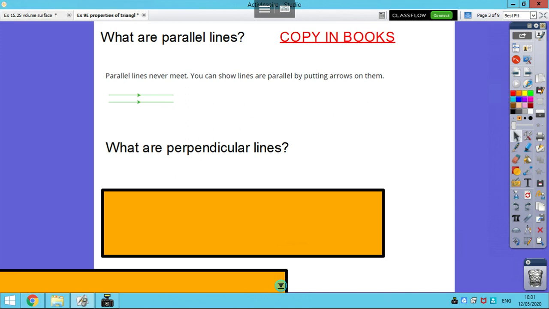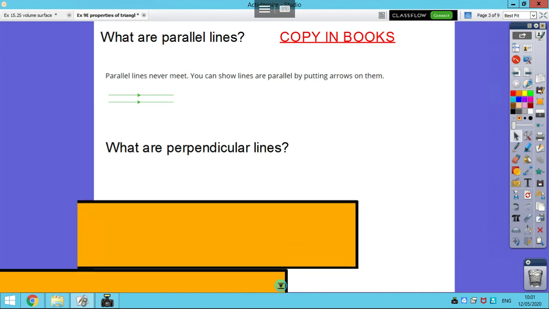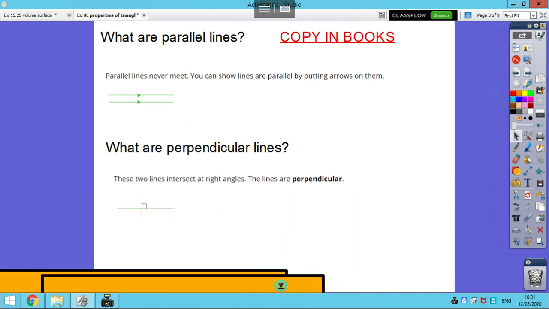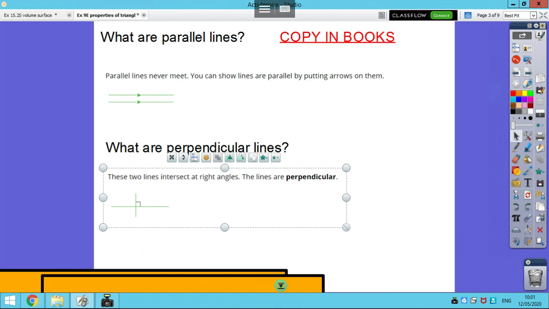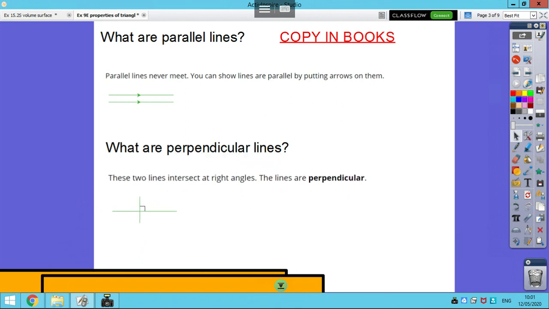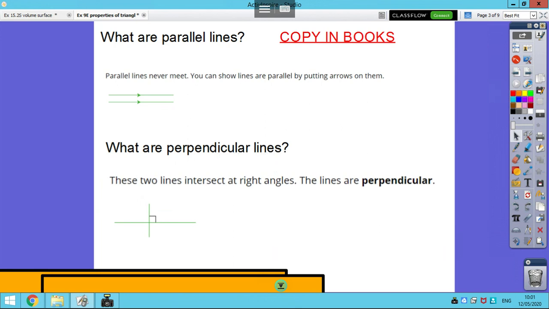What are perpendicular lines? Perpendicular lines do intersect, and they intersect at a right angle. Okay, as you can see here, if I make this a little bit bigger, you'll see here they intersect and create a right angle shown by that little box there.